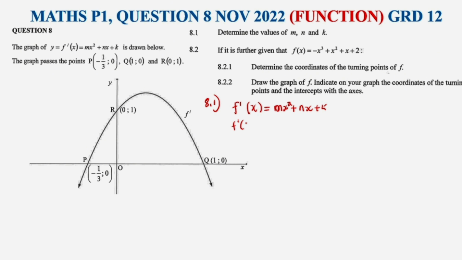Therefore we can also write it in the form of m, which is our a value. If you haven't watched the function video on how to deal with this, please make sure that you watch that video so that you don't get lost here. We can also write it in terms of x plus the value of the x-intercept, which is this one here. When we put it back into the equation, it changes the formula, x therefore minus y.